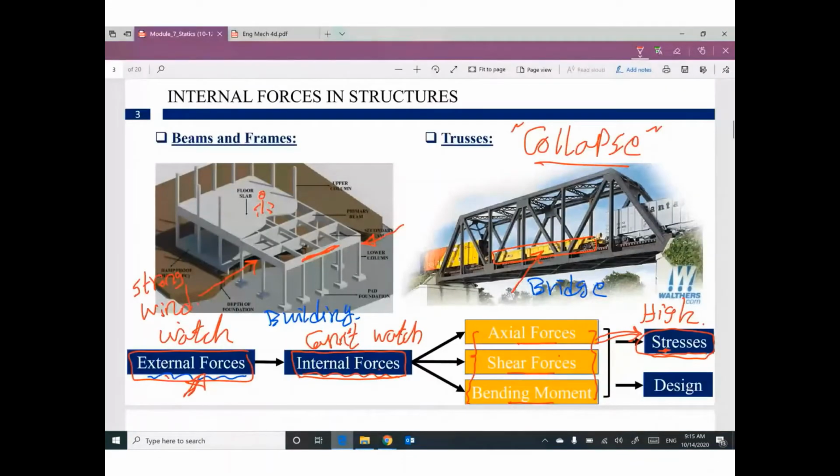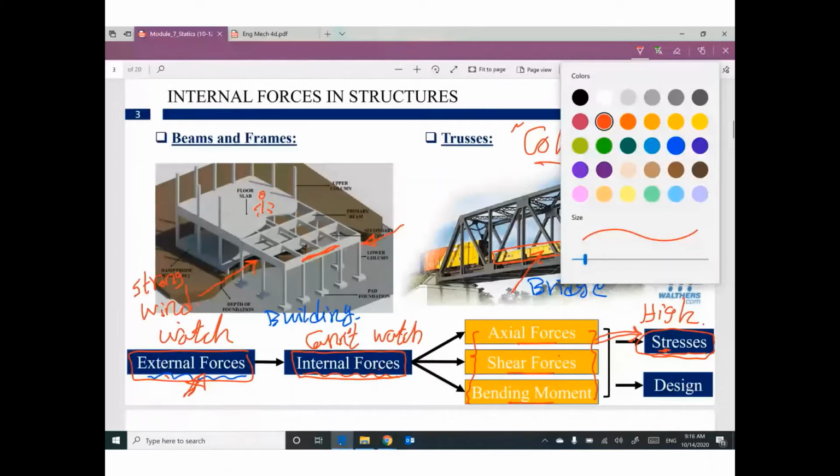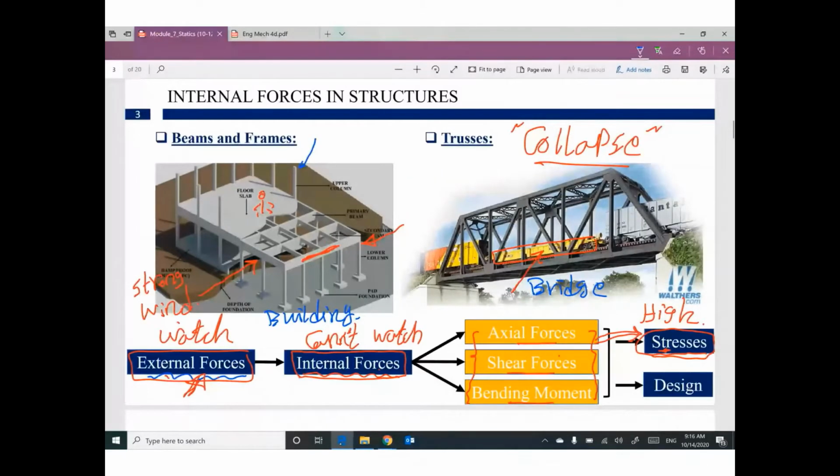So remember, sometimes your building is made from steel. Sometimes it's made from wood, timber. Sometimes from concrete. Sometimes from masonry, brick masonry. What is the difference between these materials? The strength. Which one is stronger?